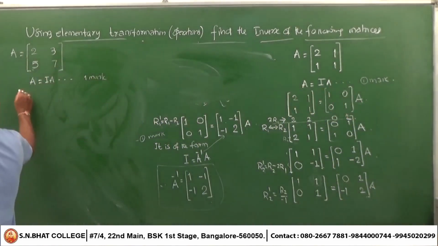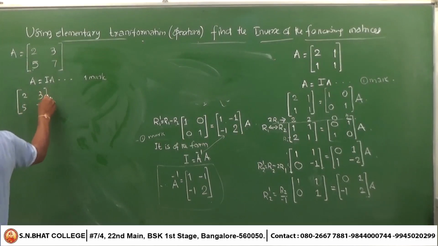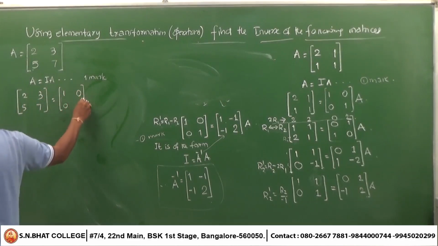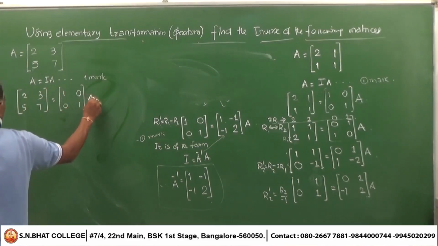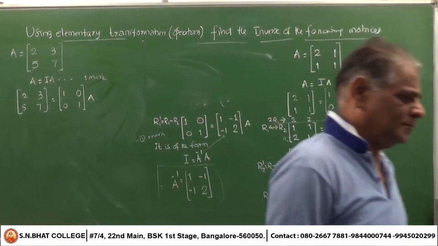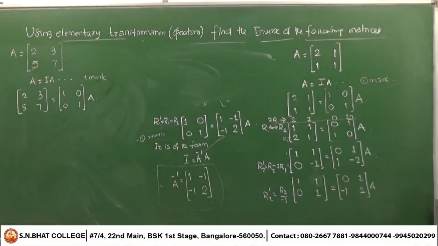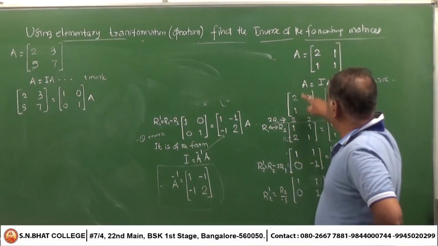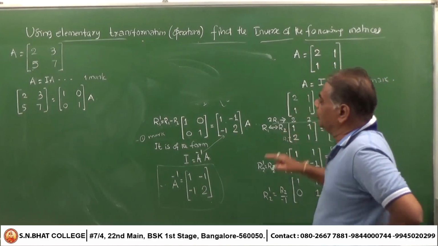Left hand side, replace A by that matrix: 2, 3, 5, 7. I is nothing but the identity matrix 1, 0, 0, 1, into matrix A. See, in the previous problem, to get 1 in the first case, I interchanged R1 and R2.